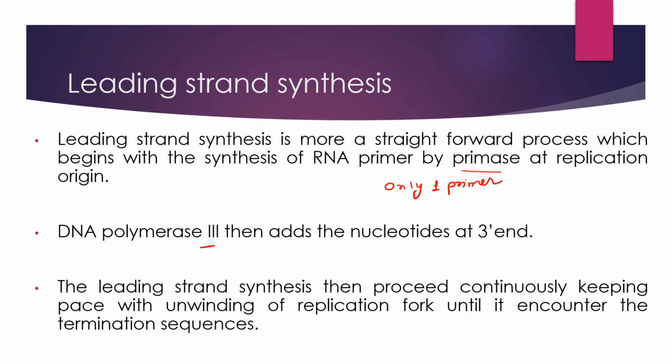DNA polymerase 3 then adds the nucleotide at the 3' OH end. The leading strand synthesis then proceeds continuously, keeping pace with the unwinding of the replication fork until it encounters the termination sequences. So it will continue adding new nucleotides until it encounters the termination sequence.